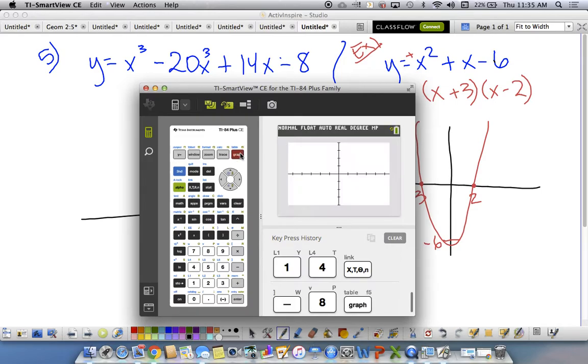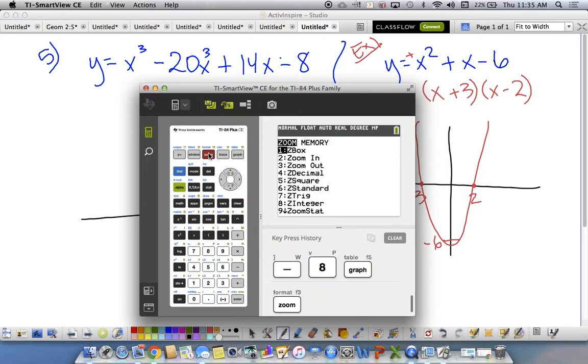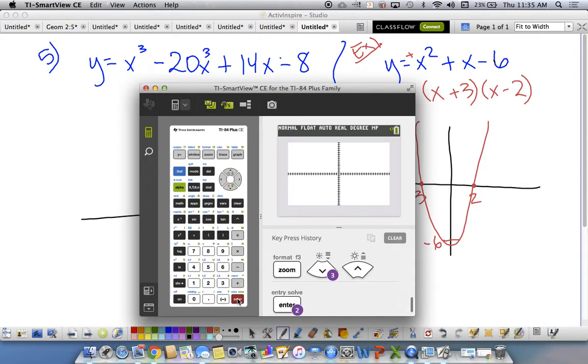So if we hit graph, it doesn't show up. So if we zoom out, you have to hit enter again. I kind of see it. I see it. Zoom out.